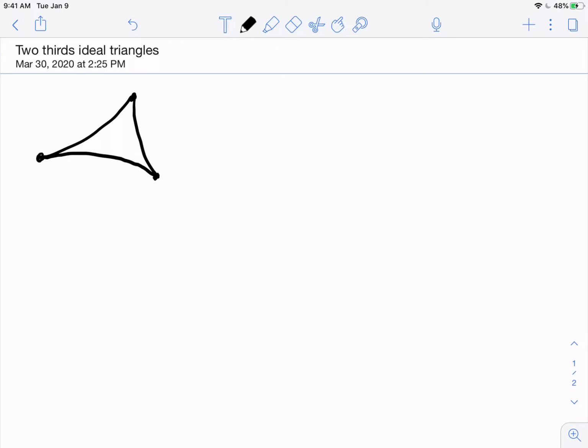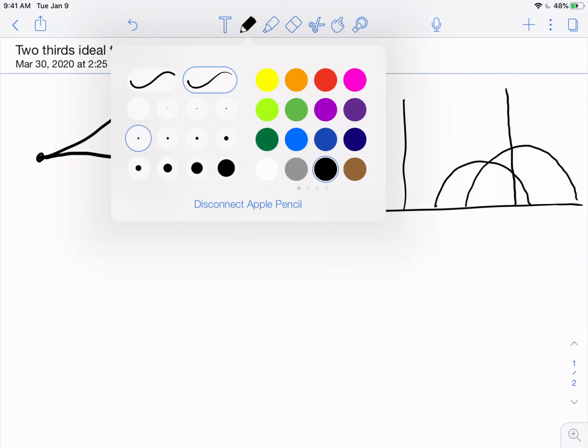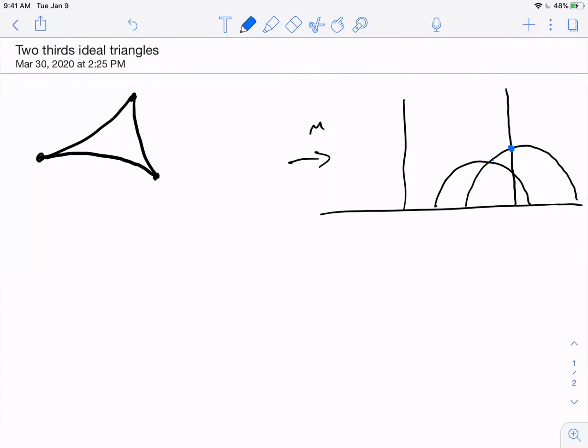And of course, remember there's another way to visualize these, which is via our map to the upper half plane. In that case, geodesics are given by half circles as well as vertical lines. And so under our map to the upper half plane, a triangle might look something like this.